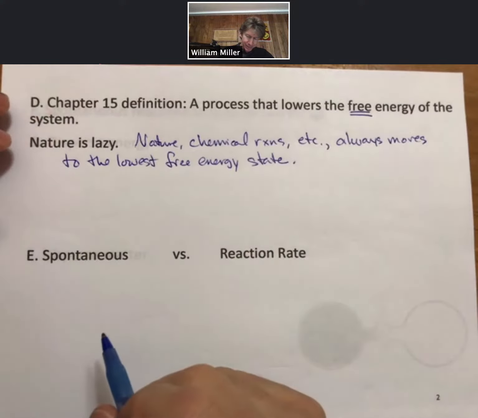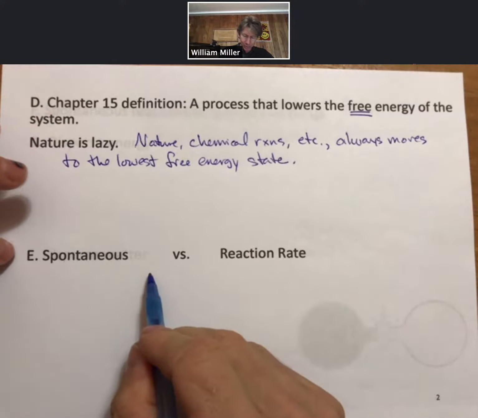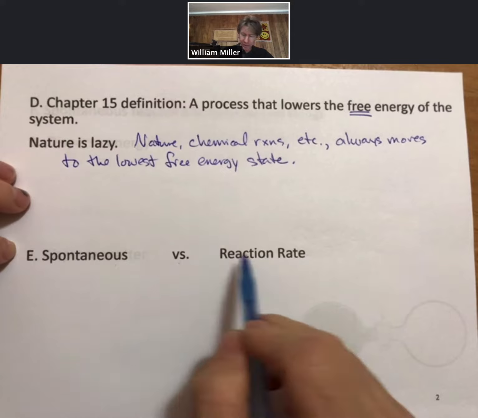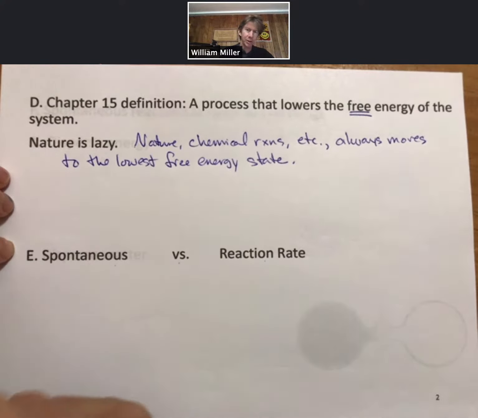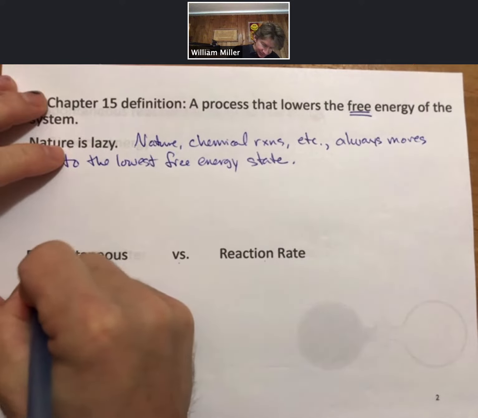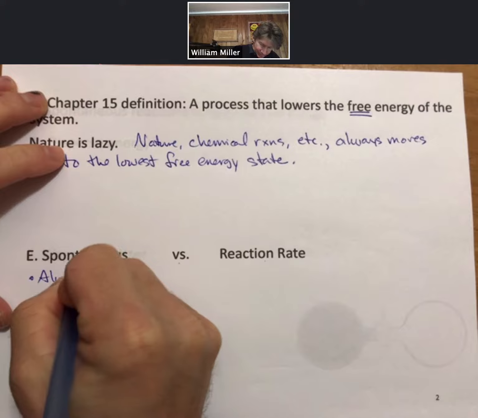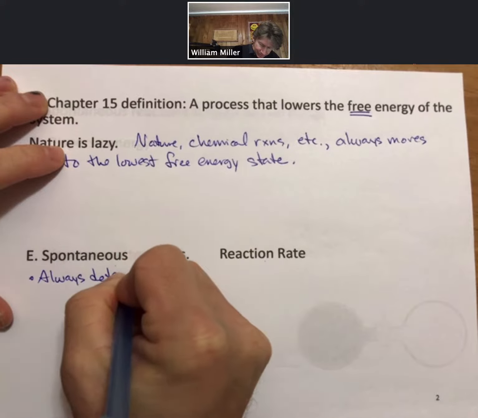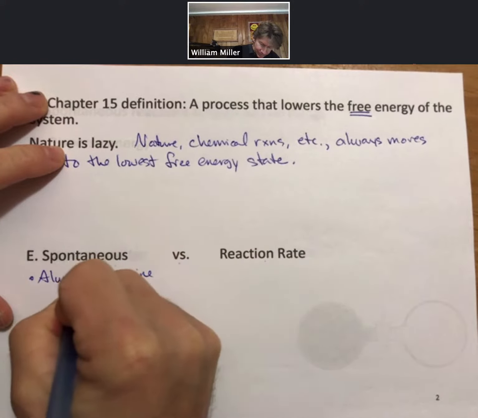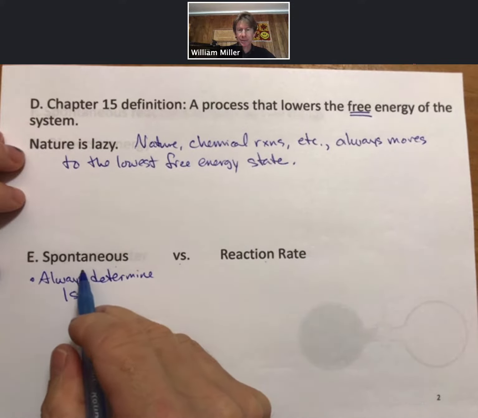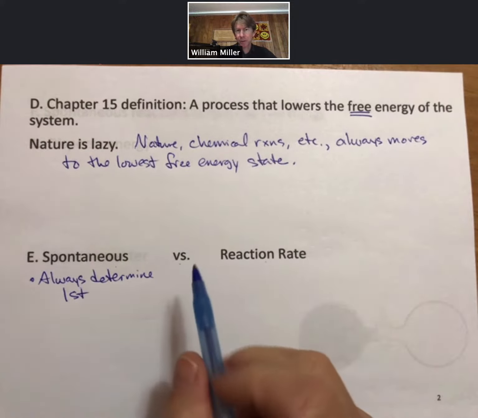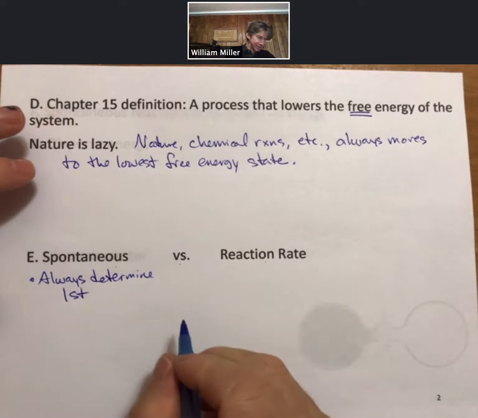Now I want to say a couple words about spontaneous versus reaction rate. We will always determine whether a process is spontaneous first, because if it's not spontaneous, then you can never even worry about what the reaction rate is.